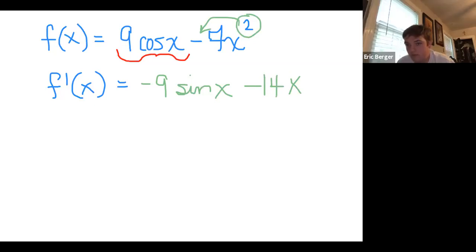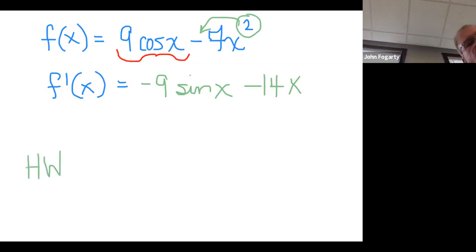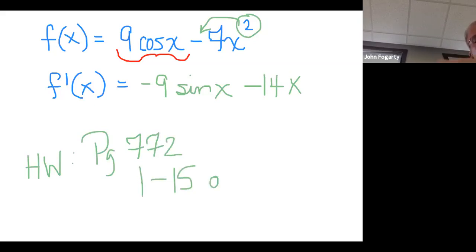Now pay attention. Here's what I want you to do for your homework. This isn't long, this is just practicing using these rules, so it's actually kind of fun. Page 772, do 1 to 15 odd. All you have to do is write the derivative.